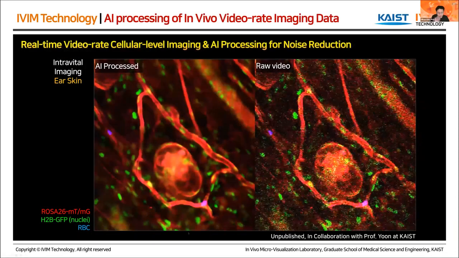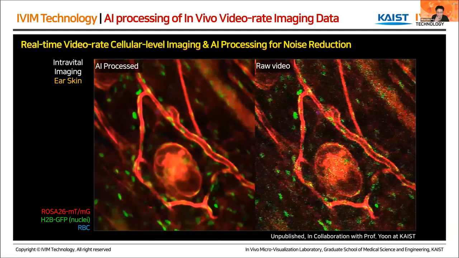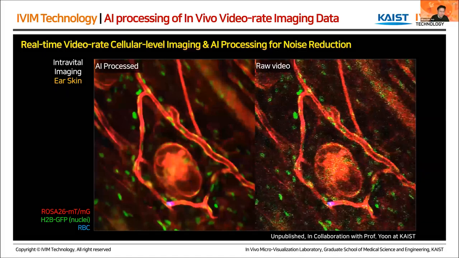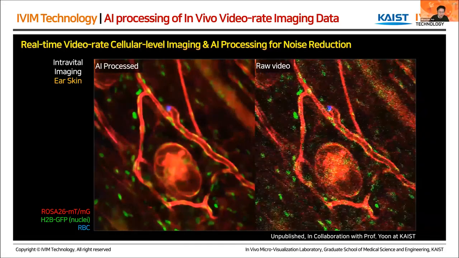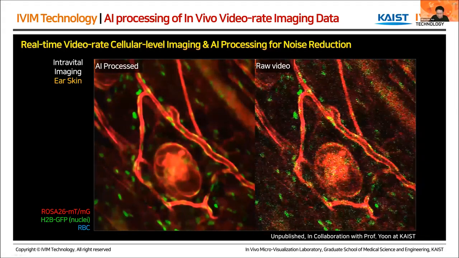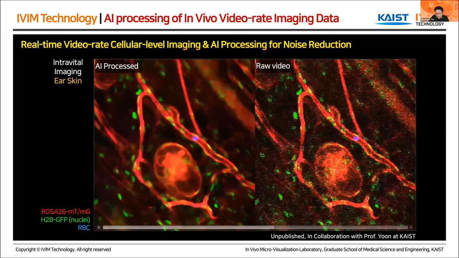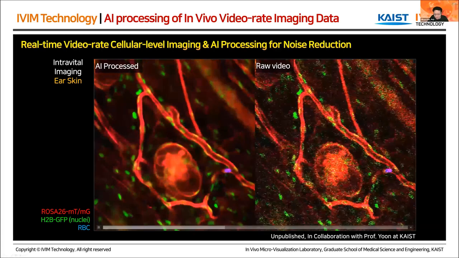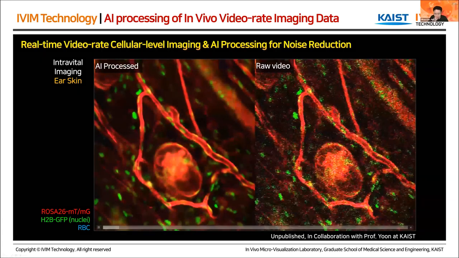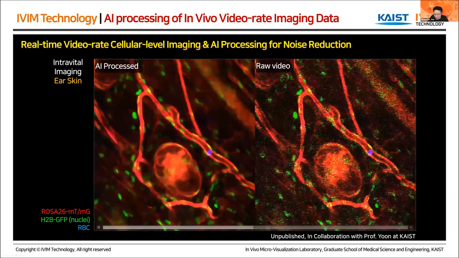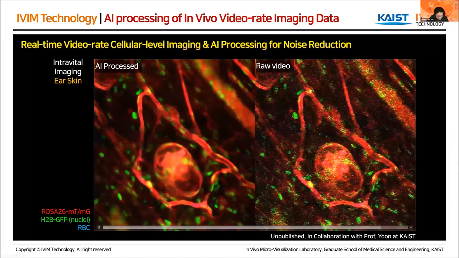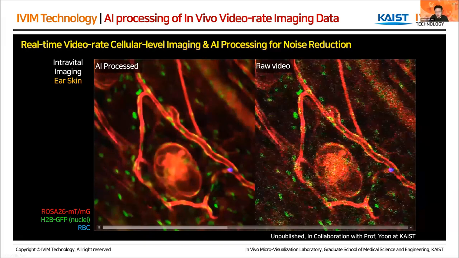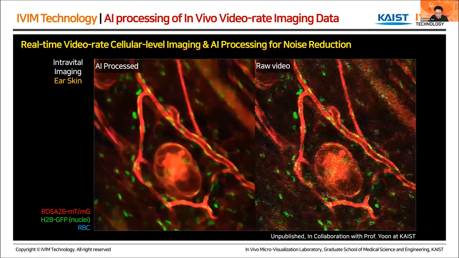And then we recently developed another technique for real-time video rate cellular level imaging data processing. On the right-hand side, this is a real-time video rate video obtained from the skin, and this is the typical noise level. When we increase the imaging speed, we will always have these noise issues.